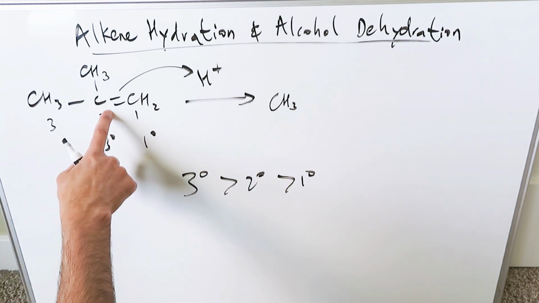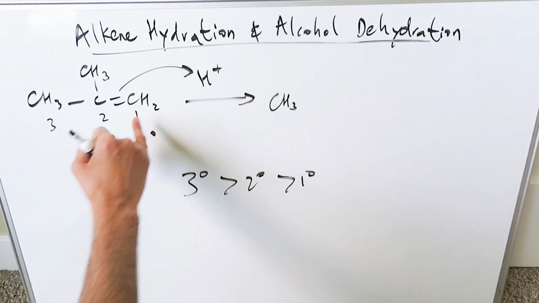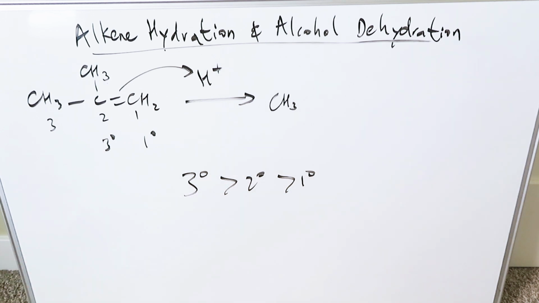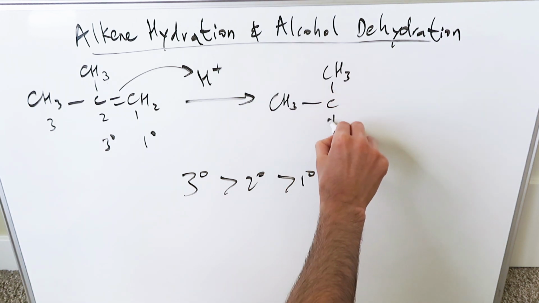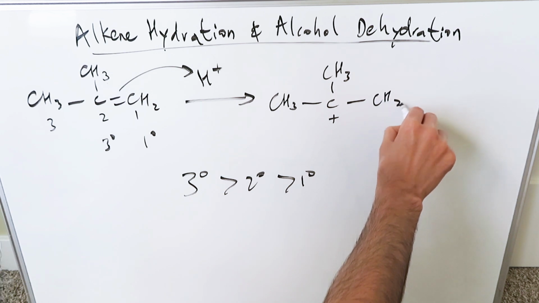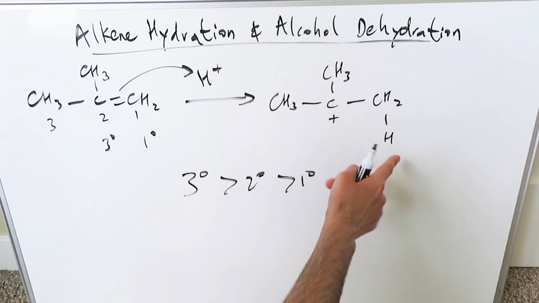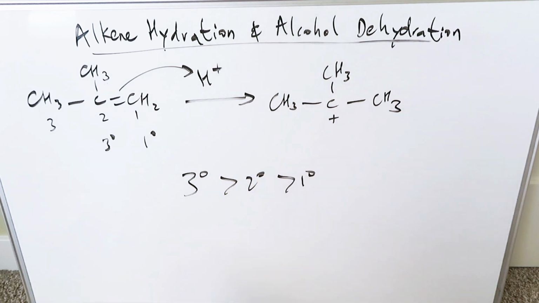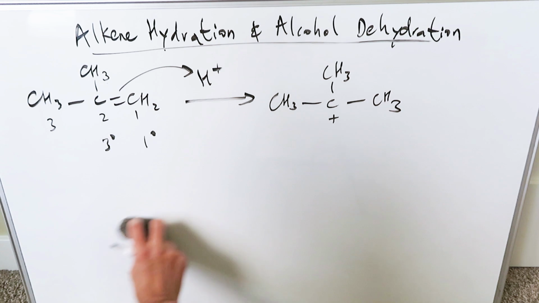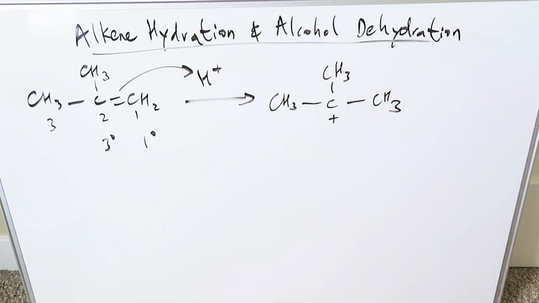You're going to put the carbocation here. The hydrogen will attach to the less substituted carbon, and when you do that, you see this. You have a CH3, you have your carbocation here, and your CH2 and your hydrogen. This hydrogen has attached over here, but I'll bring it here in the condensed format as you see. That's what we have. A tertiary carbocation has developed. These are the proper rules of addition.